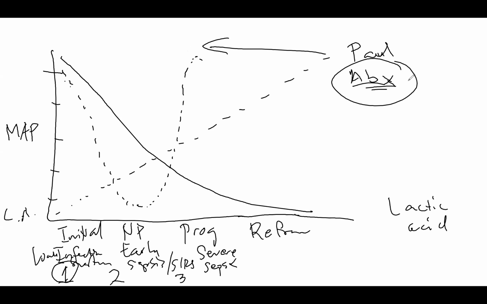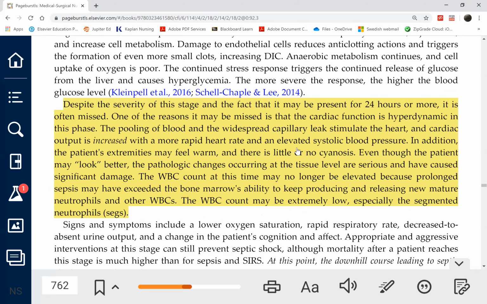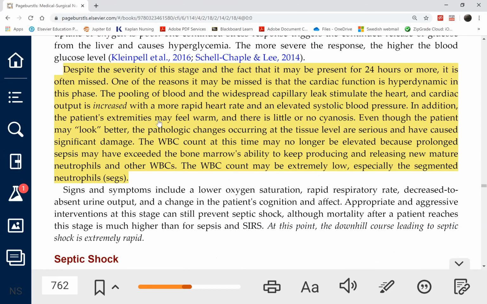Are they getting better? Yes or no? Of course they are getting better, but are they? No. So this is what makes sepsis a disease with a high mortality, because we can miss this period here, and misinterpret it to be an improvement.